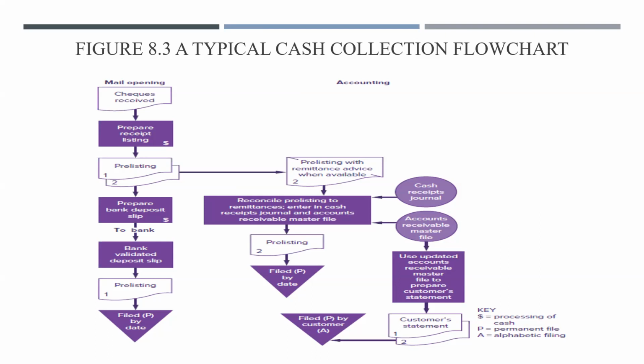You notify them first. Is that right? Yeah, you give them notice. So usually the company would receive the notice. Once you receive the notice, what would you do? You could pre-list that and then wait for the actual remittance to arrive.